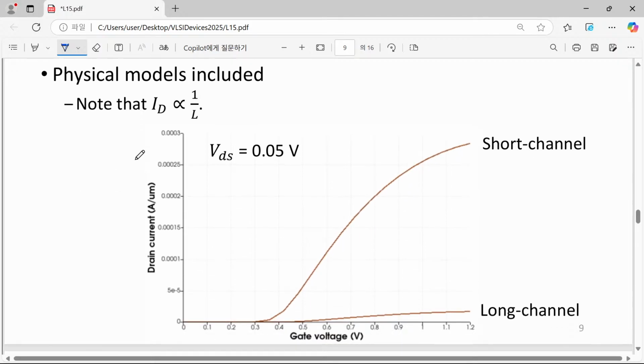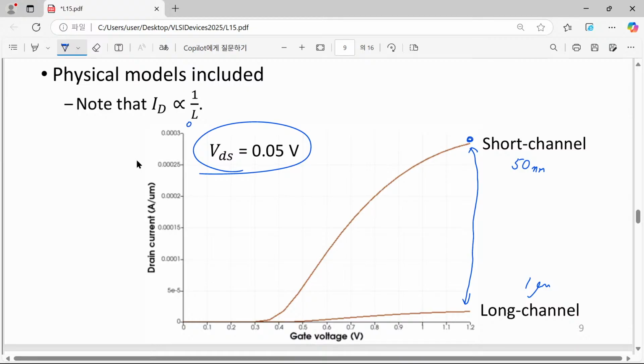Then this is the result. So here short channel means 50 nanometer, long channel means 1 micrometer. How about your feeling about them? We are now having quite a low drain bias, and you can see that the difference is really huge. In this case, we have about 0.3 milliamp, and this is much lower than that.